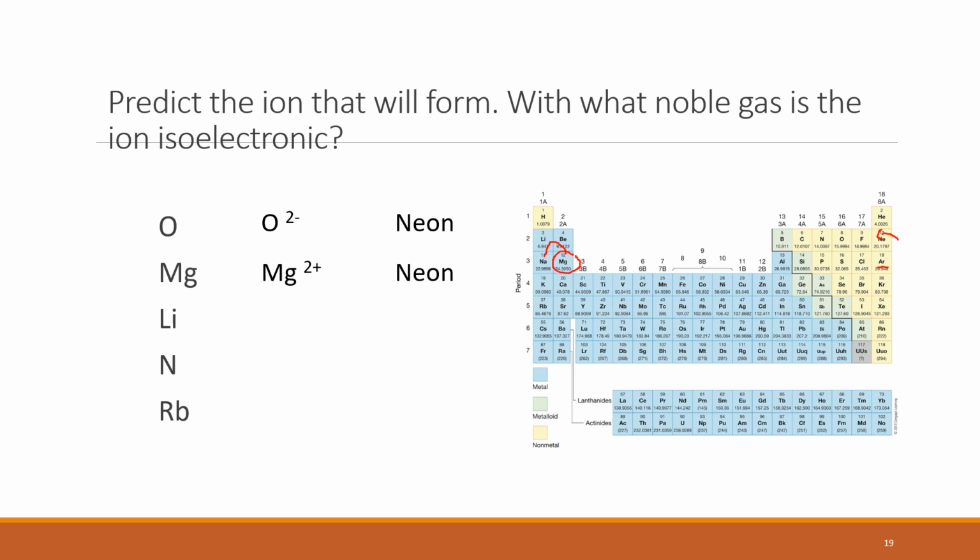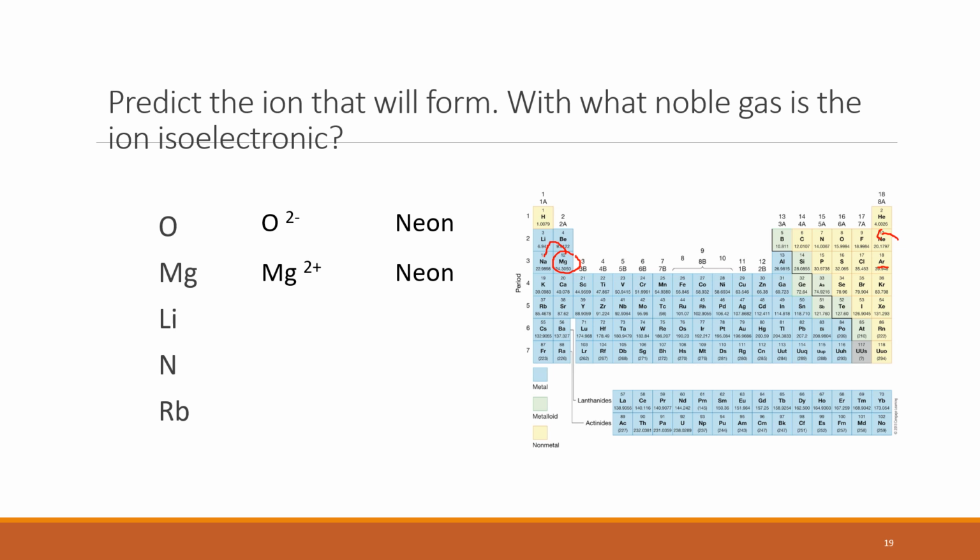Losing 2 electrons is going to be way easier than gaining 6. So it goes through the path of least resistance, and that's why it goes up to neon. So you want to find the closest noble gas. For metals, the closest noble gas is in the row above them. For nonmetals, the closest noble gas is in the same row.